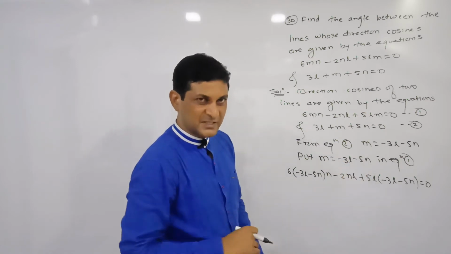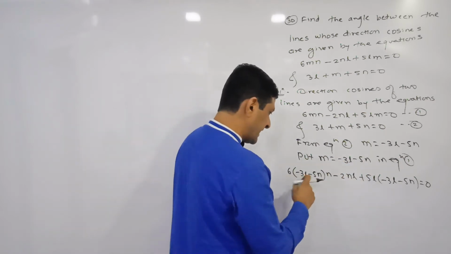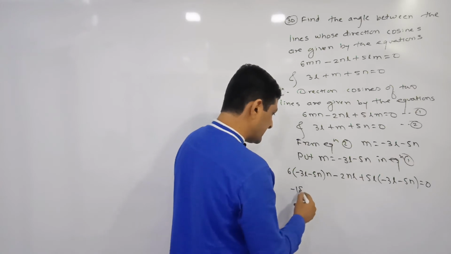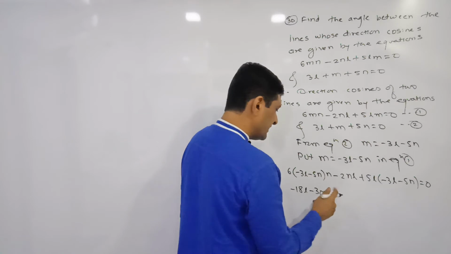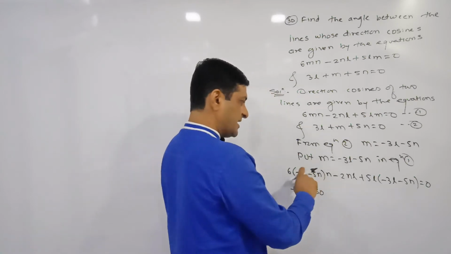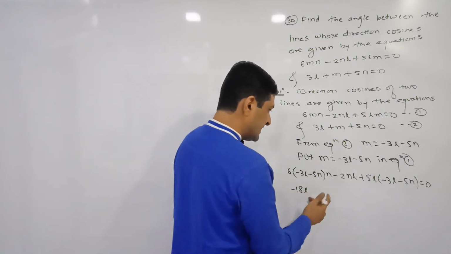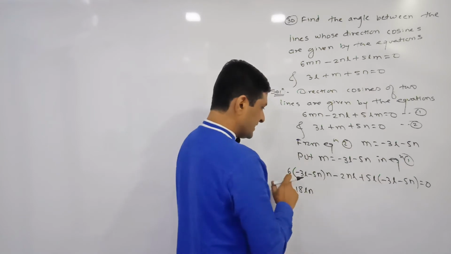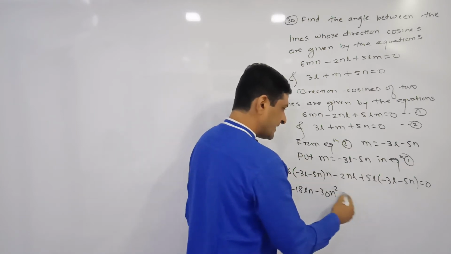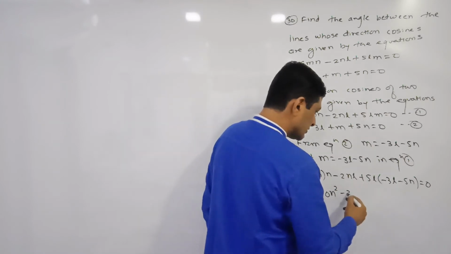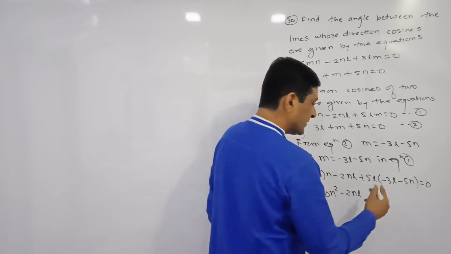Now simplify this equation. 6 into minus 3 will be minus 18L, and 6 into minus 5 is minus 30; multiplied by N, we get minus 30 LN, and N into N is N square. Here minus 2NL, keep it as it is.